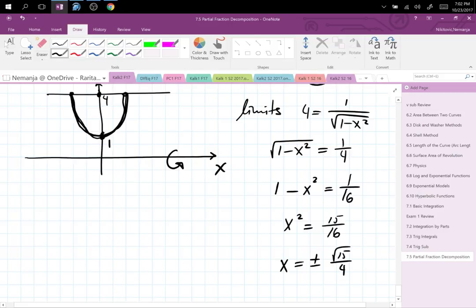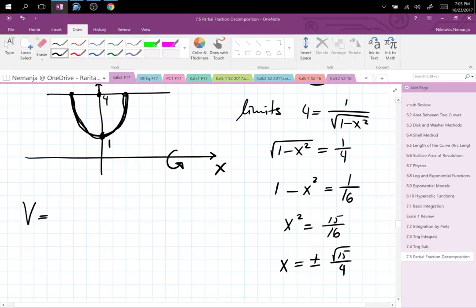Do we all have plus minus root 15 over 4 for limits? We also see it's negative and positive. Now we set the integral.